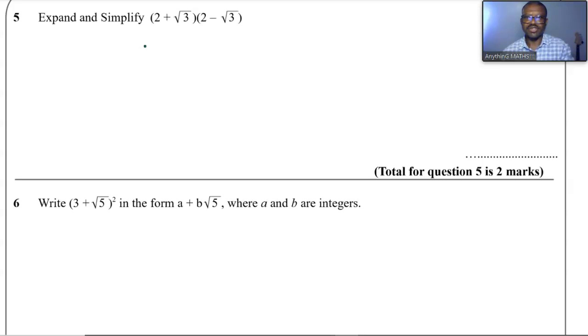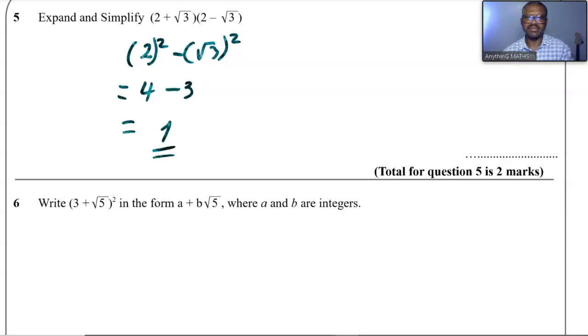We can simply write 2 minus root 3 all squared. We're going to have 4 minus 3, and the answer is 1.